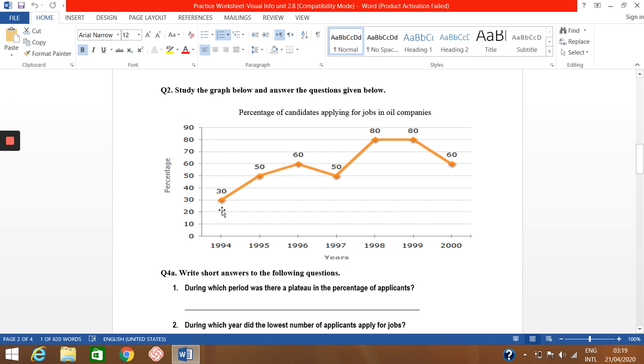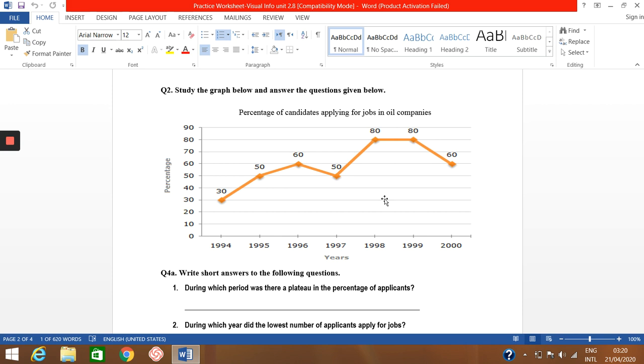So let's say this line graph. Then as part of the formula, we said you have to use a verb like shows, displays, or illustrates.